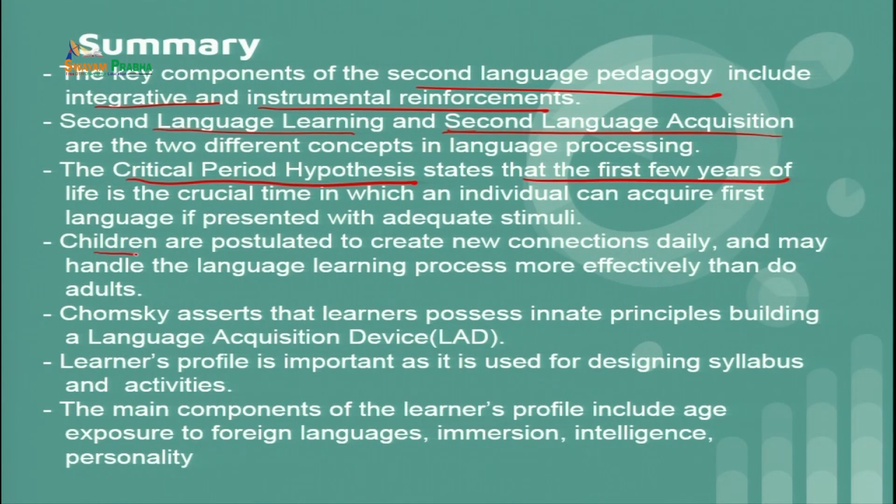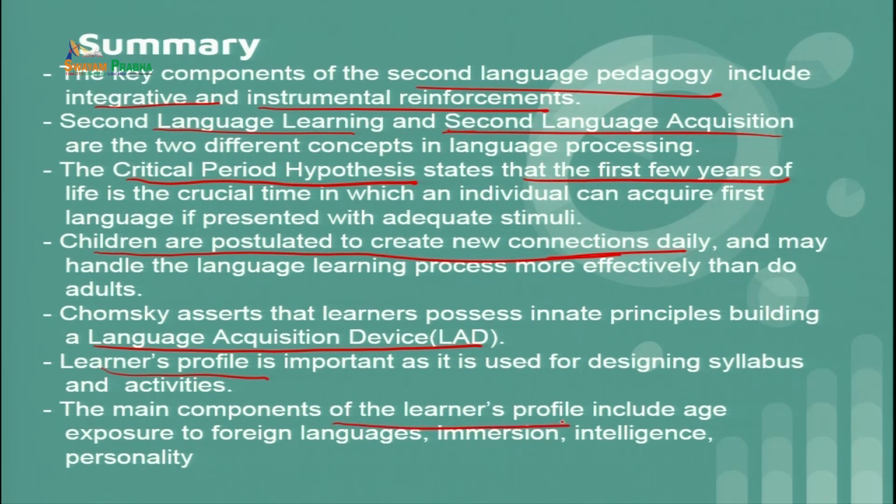We also talked about how children are postulated to create new connections daily and may handle the language learning process more effectively than adults. Chomsky talked about universal grammar, where he discussed the availability of the language acquisition device, and we also learned how to create a learner's profile, and what important components you should include.